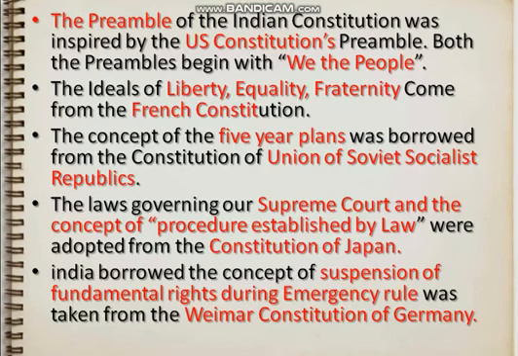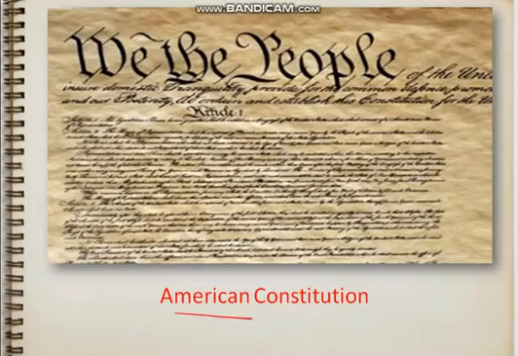Now what concepts are taken from different constitutions? The preamble of the constitution was inspired by the US constitution. The preamble is taken from the US constitution, we the people. You can see we the people is from the American constitution.